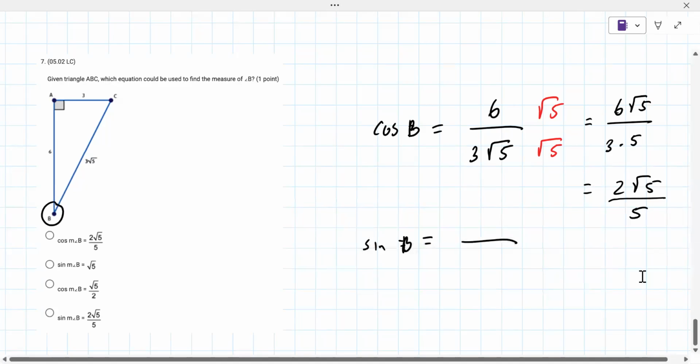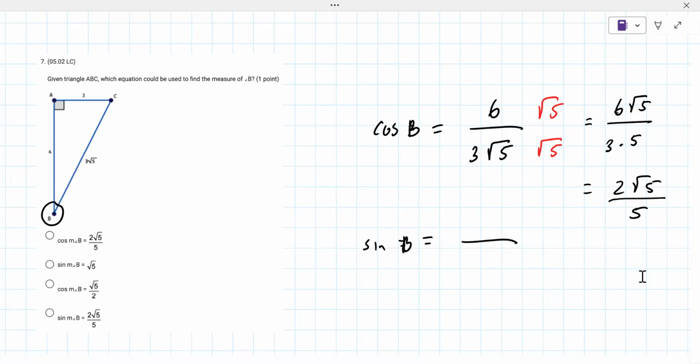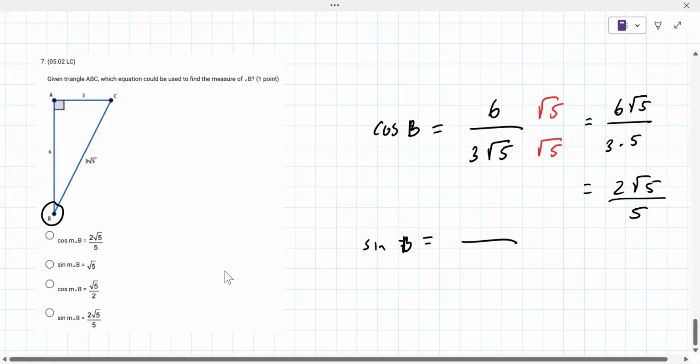Got it. You have to rationalize it and simplify it down until it can't be simplified anymore. So that looks pretty good.